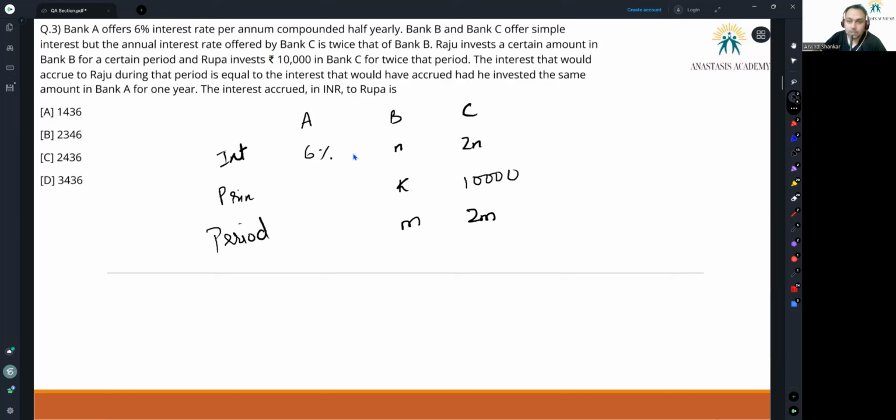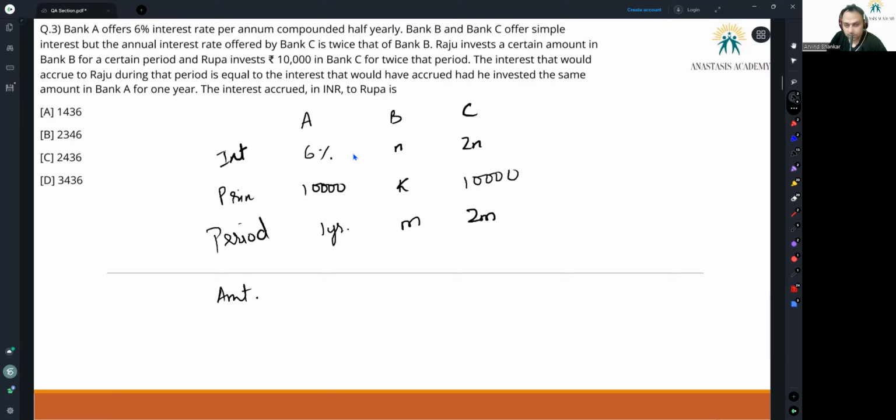Okay. The interest that would accrue to Raju during that period is equal to the interest that would have accrued had he invested the same amount in bank A for 1 year. Okay, so 1 year, and this is 10,000. So the interest that would have been created here, or I can get to amount here first.